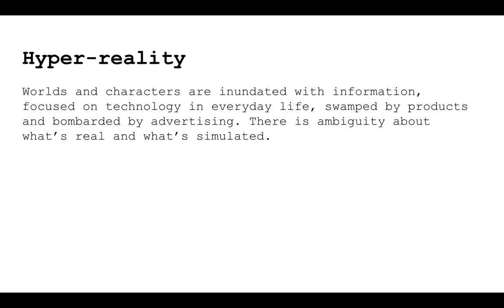So I'm going to go over 3 examples or samples from a postmodern novel called Catch-22. I'm going to read some excerpts and then just talk about what elements of postmodernism I see in these excerpts.